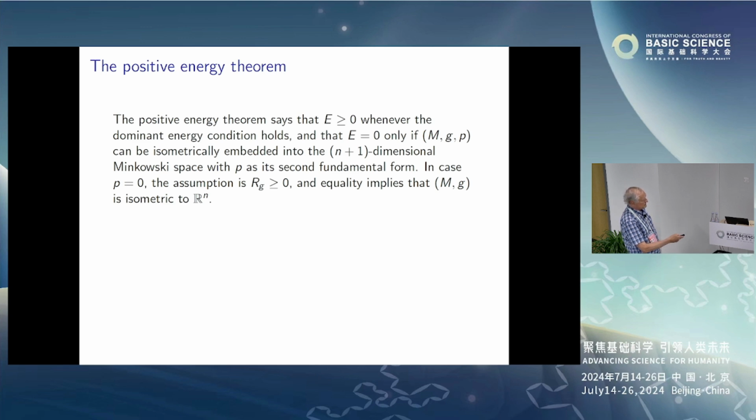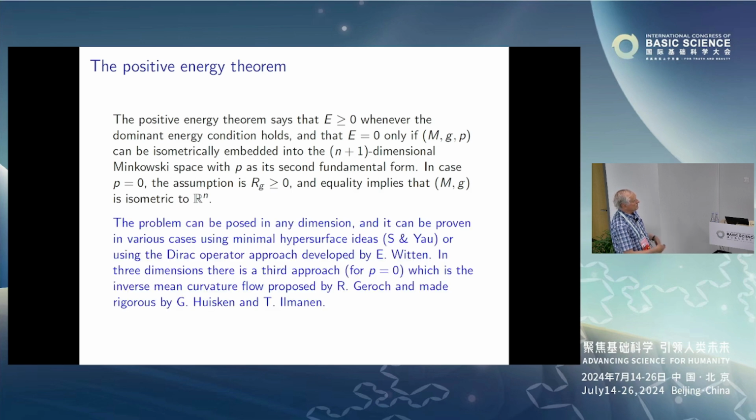So if there's matter present, you have to assume the energy conditions. And it vanishes only for trivial data. That is data which is isometrically embedded into Minkowski space as an asymptotically flat space-like hypersurface. Notice that in case P is 0, so the second fundamental form is 0, then the assumption is that R_g is non-negative.